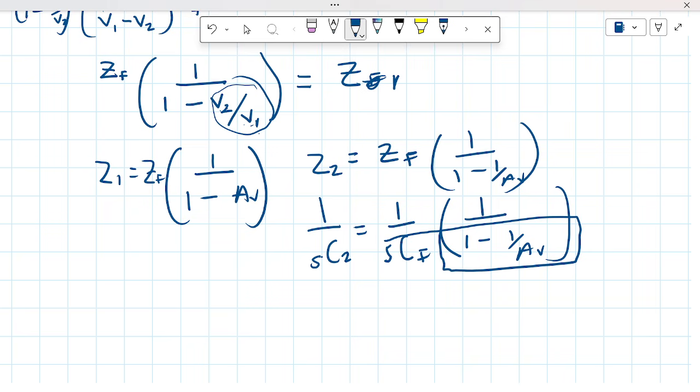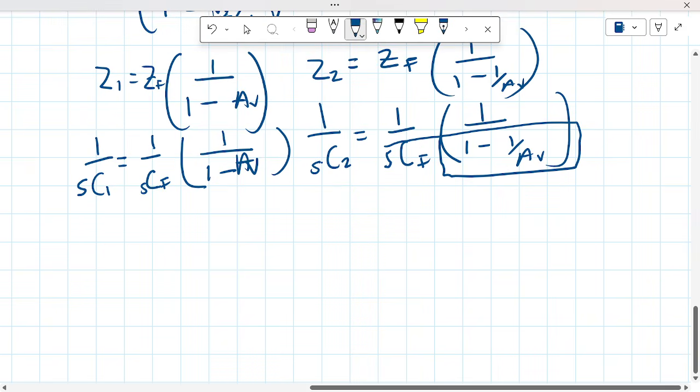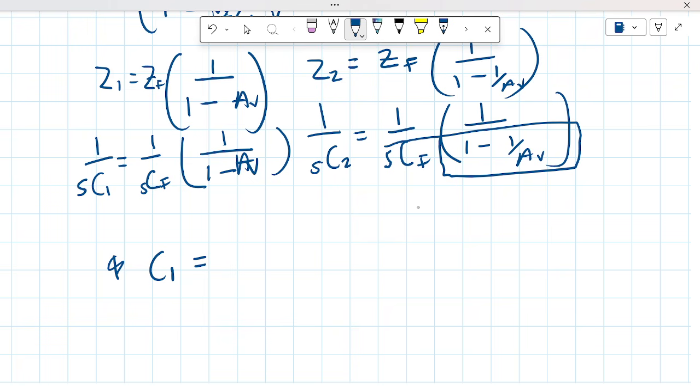Now similarly, we could also write it like this: C1 is equal to 1 over the original capacitive reactance, which is an impedance. But in terms of capacitance alone, we can clearly see that on the left hand side, the capacitance C1 has become the original capacitance in the feedback, boosted by a factor of 1 minus the gain.